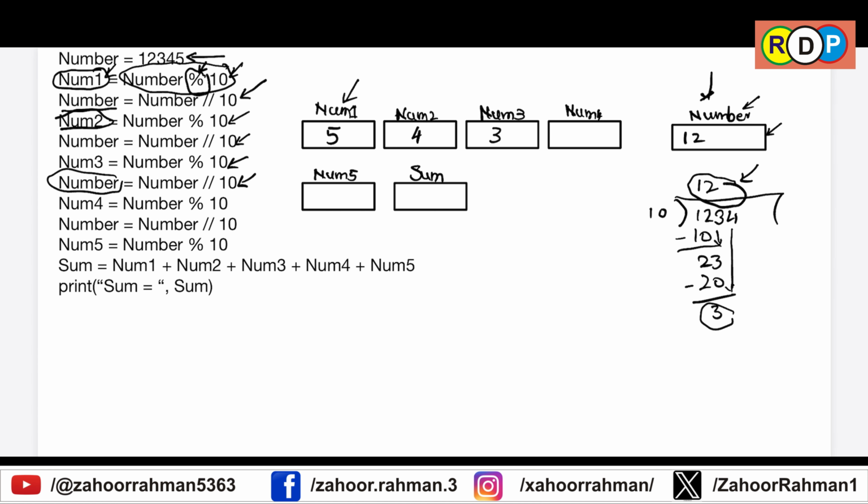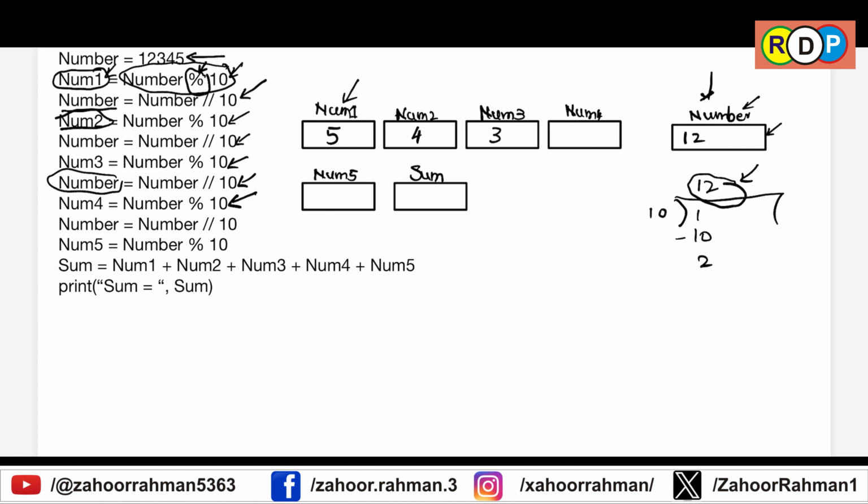Now this statement again will perform the modulus division, and we will get this 2 as a result. And here also we are having 1 2.